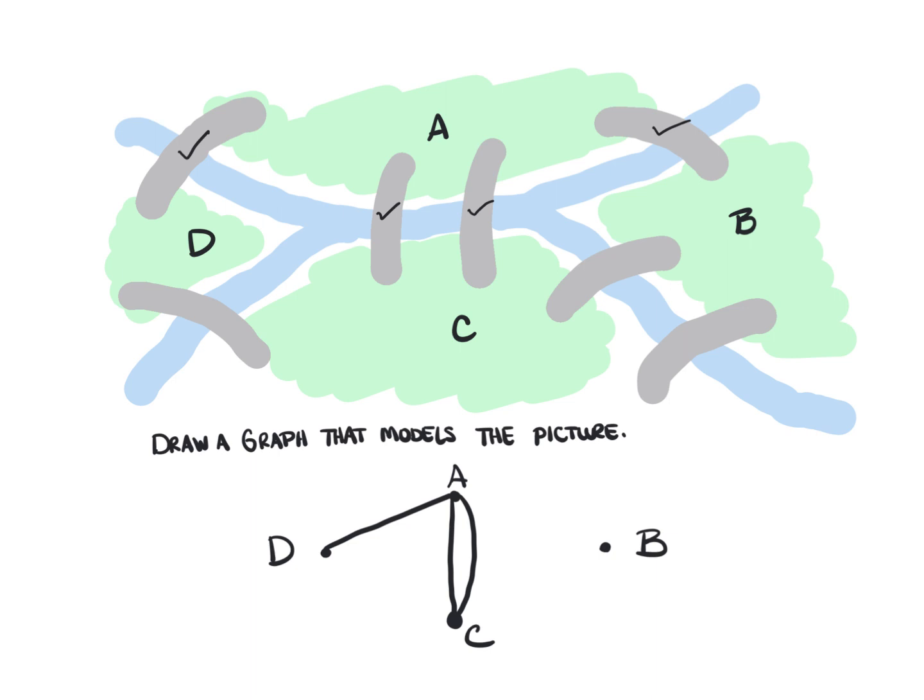There is a bridge from A to B. So again, make an edge. There's a bridge from D to C. Connect those. And then I have a bridge, actually 2 of them, from B to C. And so draw 2 edges from B to C. And there is the graph that models the drawing of the bridges and the edges.